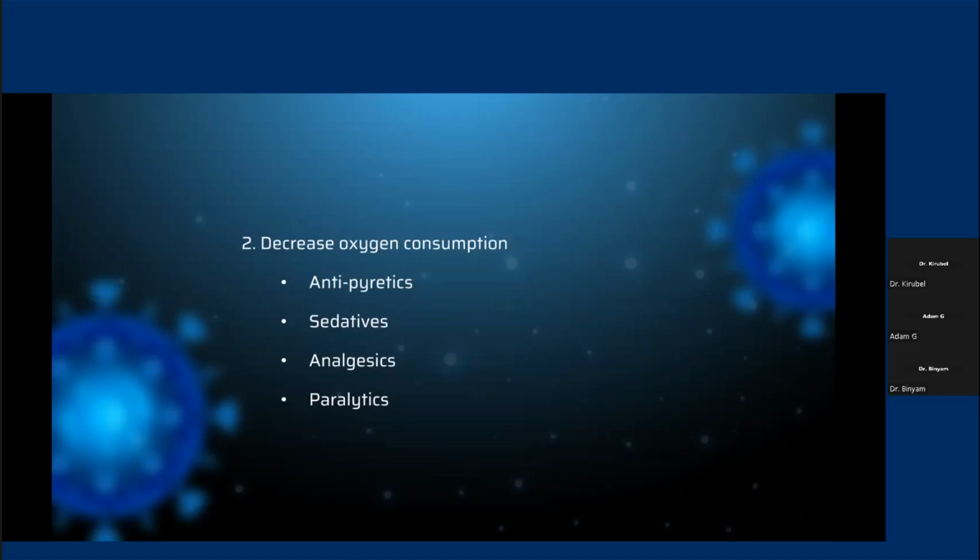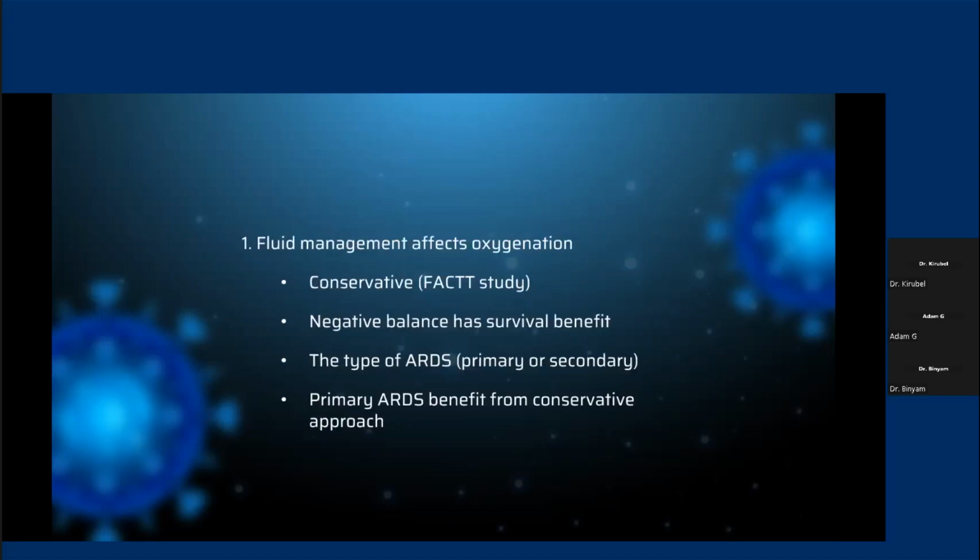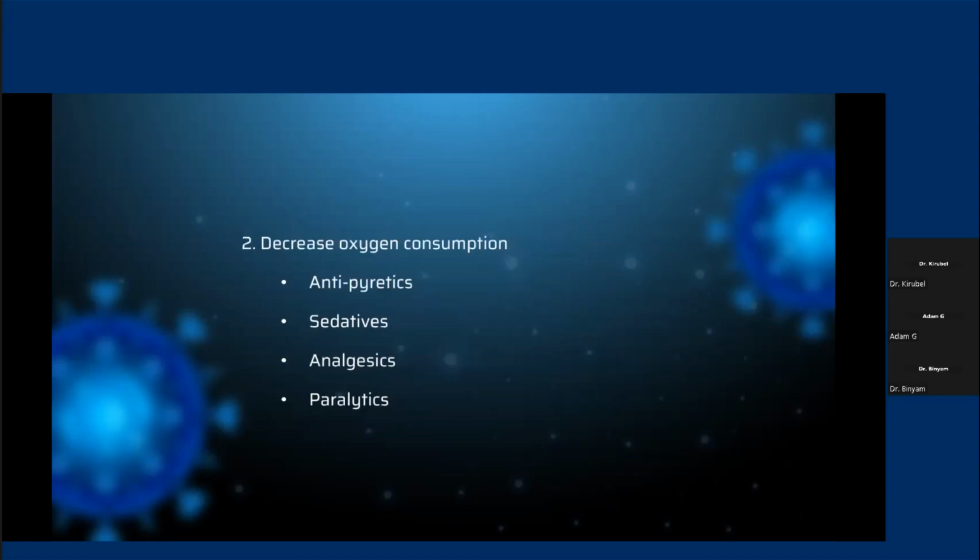Going to decreased oxygen consumption: now we have talked about increased FiO2 therapy, but the next one will be decreased oxygen consumption. How do you decrease oxygen consumption in this patient? As we said previously, if the patient is agitated and fighting, the patient should be sedated. If a patient is in pain, especially because they are having a lot of tubes, the ET tube itself is painful, central lines.